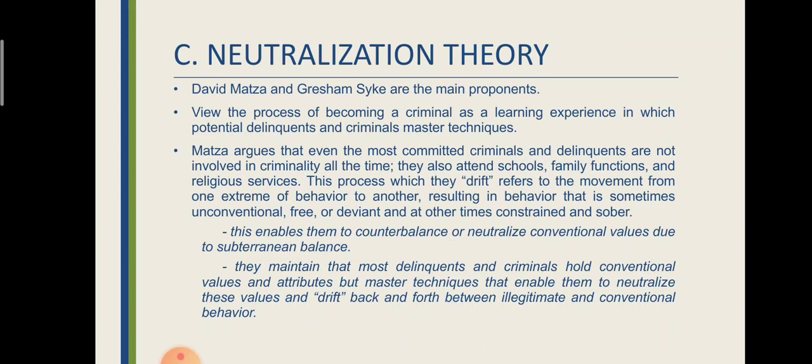So even though they commit crime, they drift or they still go back to their conventional values. That is what we call neutralization theory. So they tend to counterbalance or neutralize conventional values.